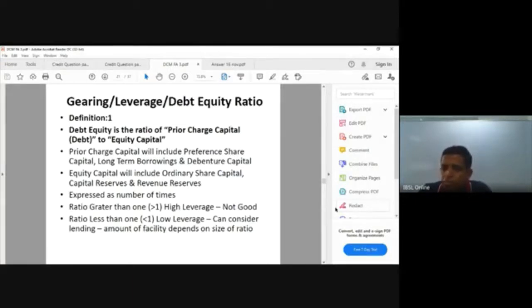Then the second category, where total equity capital is more than 50% and debt capital is less than 50% of the total capital, say equity capital 70%, debt capital 30%. In that situation, those companies are called ungeared company or low geared company or low levered company.